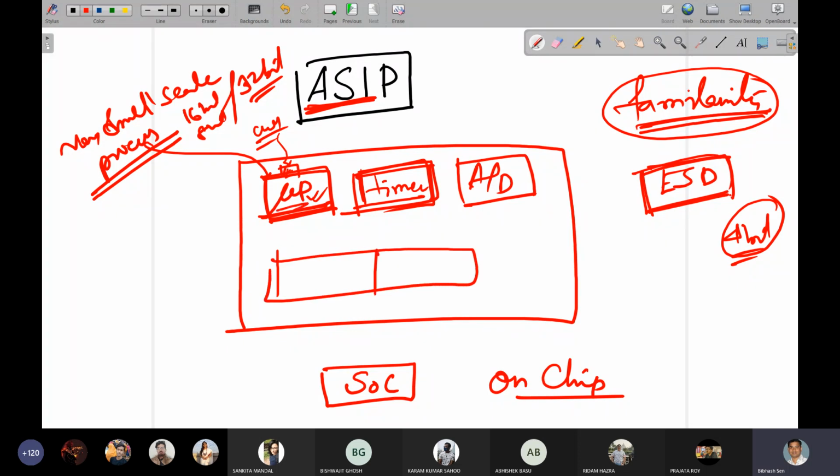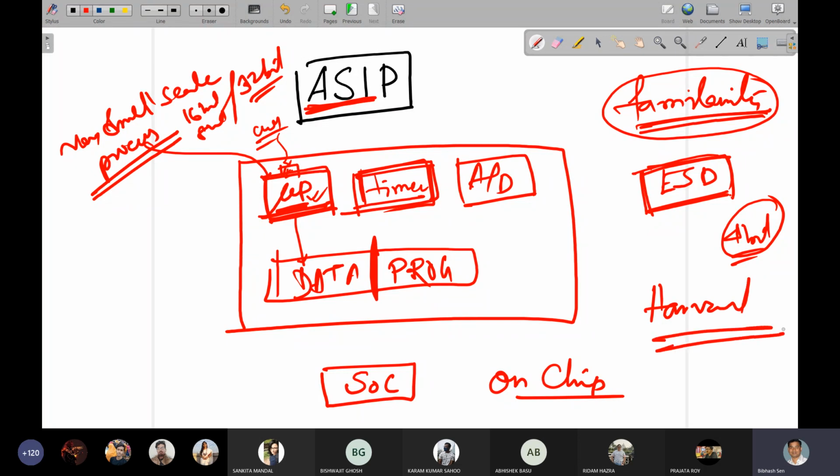Why am I mentioning on-chip memory separately, when the microprocessor itself has some on-chip memory? Because in the case of an embedded system, I may need program memory and data memory to be separated. That means the architecture I am targeting is Harvard architecture, not von Neumann. In Harvard architecture, data and program are separated, but in von Neumann, they are in a single memory.